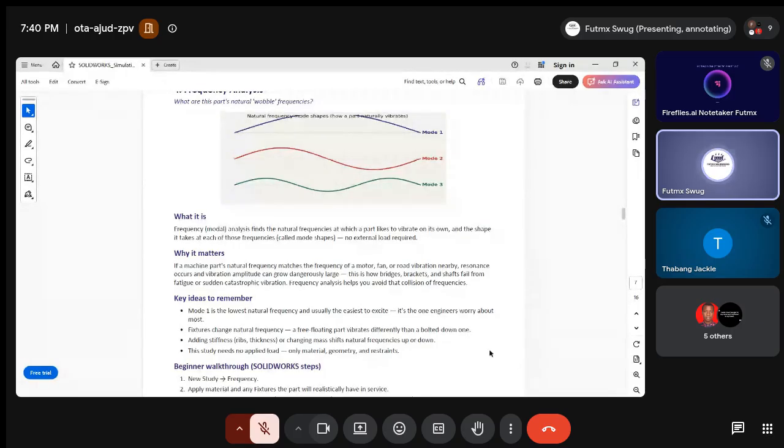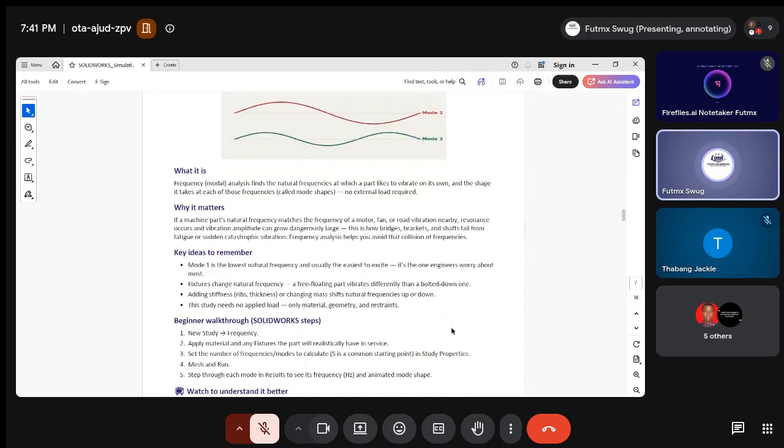Fixtures change natural frequency. A free floating part vibrates differently than a bolted down one. Most times, when you discover that your part is vibrating at a particular frequency and you want to make it not vibrate at that frequency, all you need to do is add more fixtures, maybe a bracket or something.